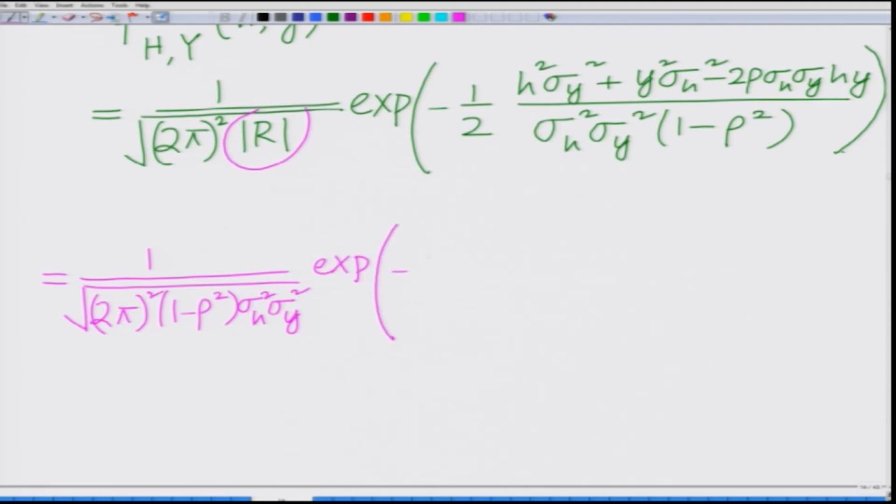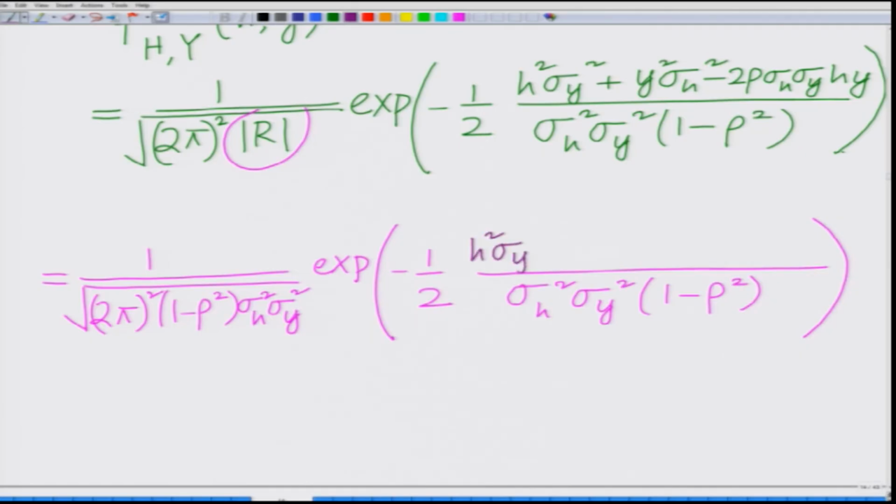So, 1 over 2 pi times the square root of the determinant of R, times e to the power of minus half, of the quantity with sigma h square sigma y square into 1 minus rho square in the denominator, and on the numerator we have h square sigma y square plus y square sigma h square minus 2 rho sigma h sigma y times h y.